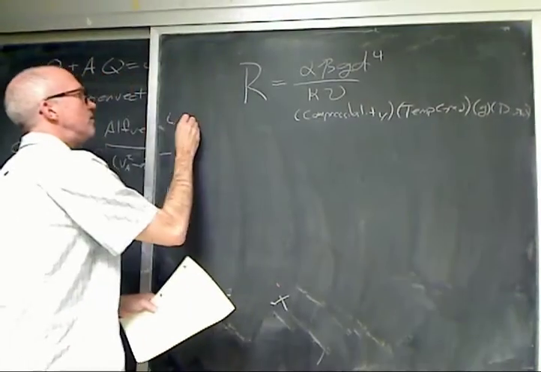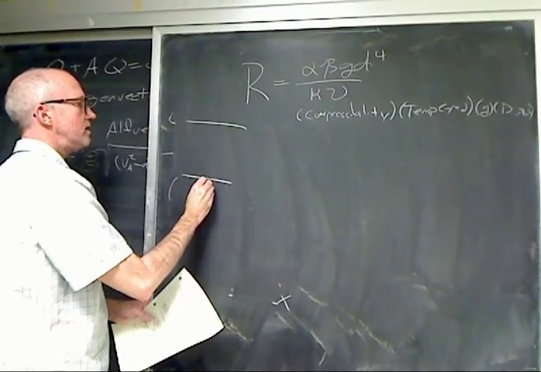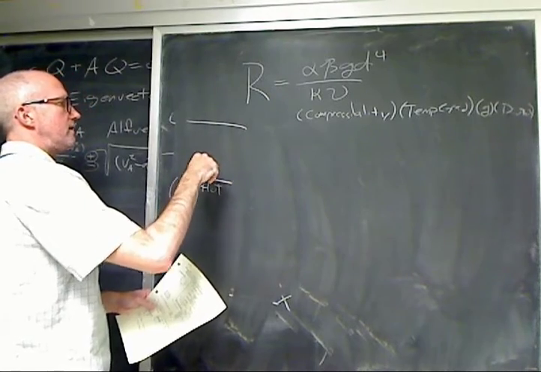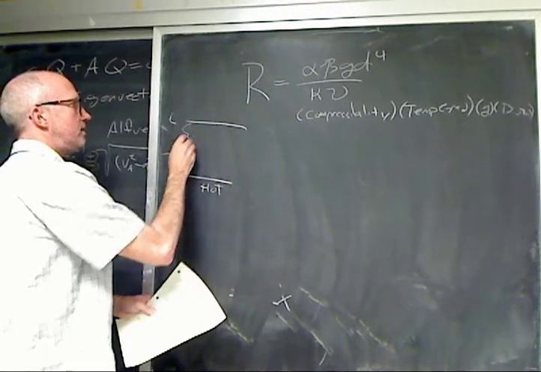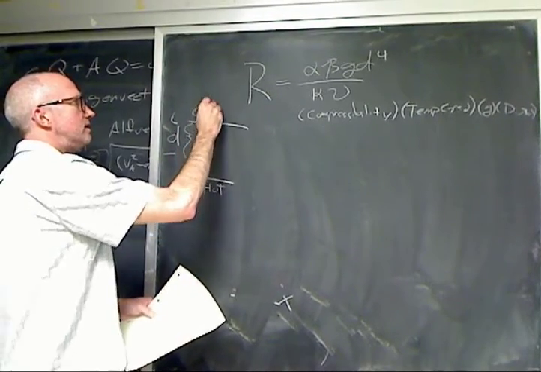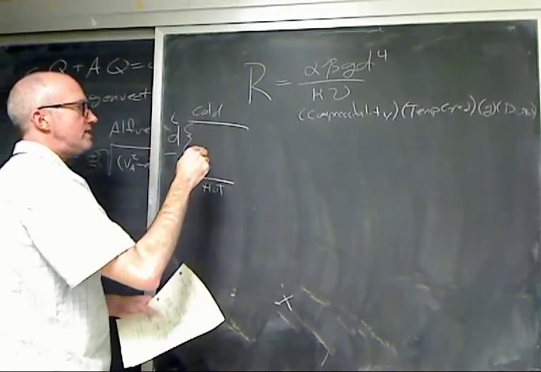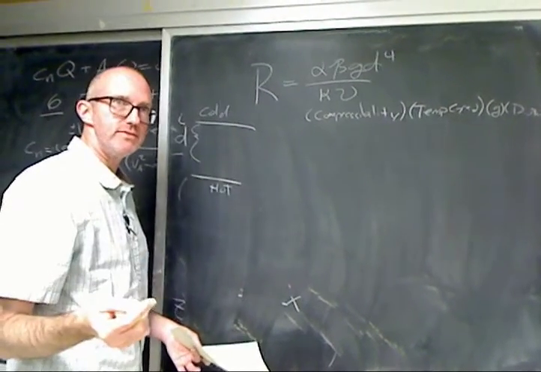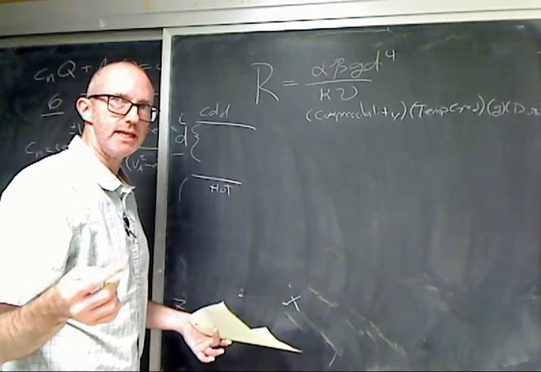So what's this setup? Sorry, I should have done that first. I got some fluid in some bucket, and it's got some distance D. There's a hot side and a cold side. The fluid is thermally expansive, so it'll get less dense as you heat it.